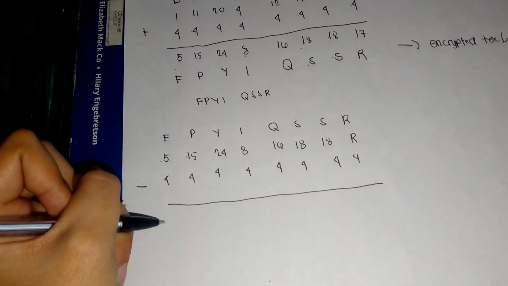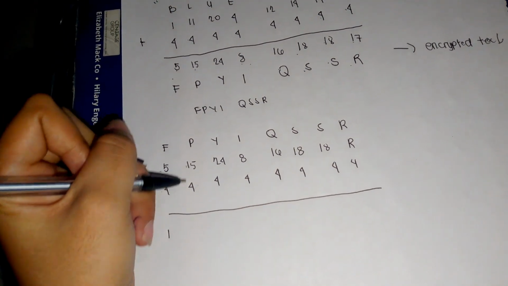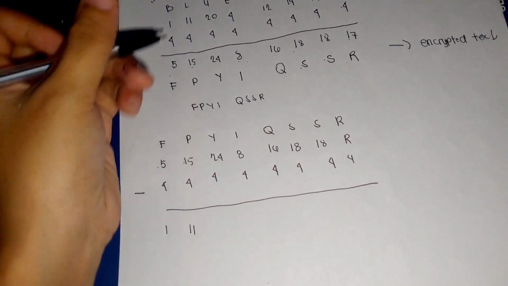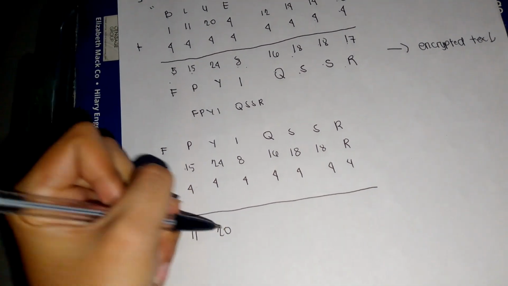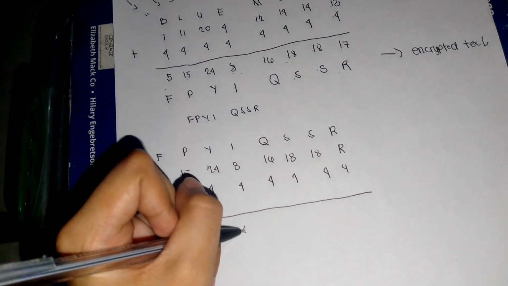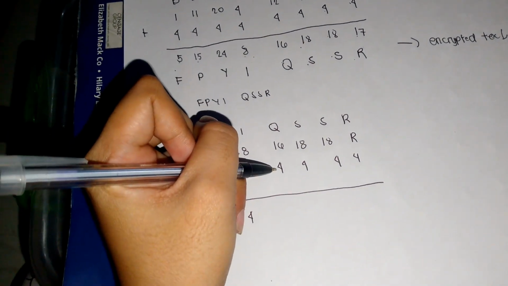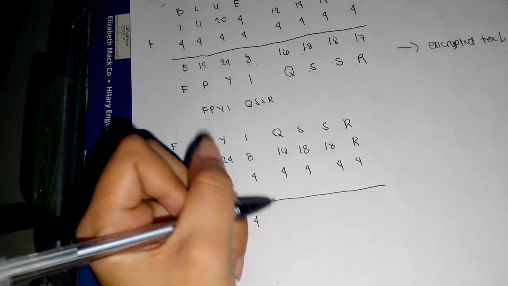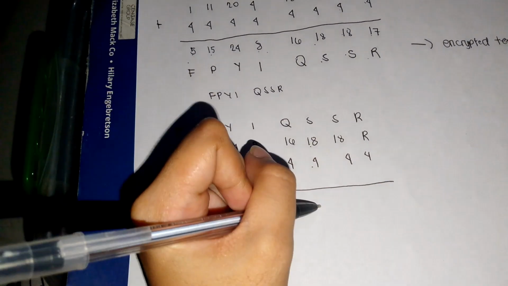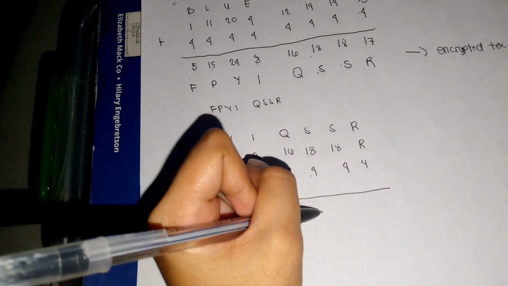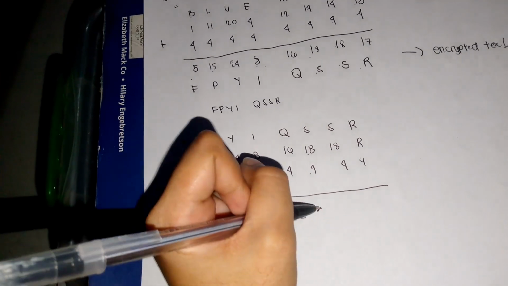So 5 minus 4 is 1. 15 minus 4 is 11. 24 minus 4 is 20. 8 minus 4 is 4. 16 minus 4 is 12. 18 minus 4 is... Ay, hindi, 14.